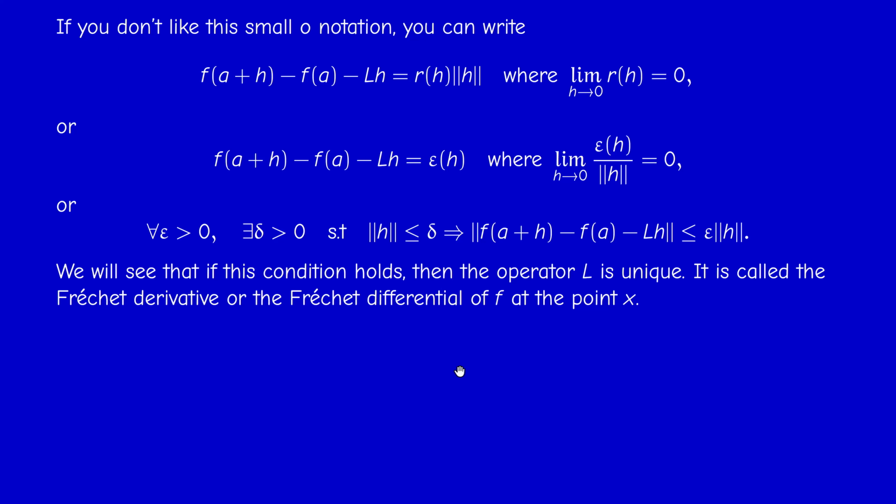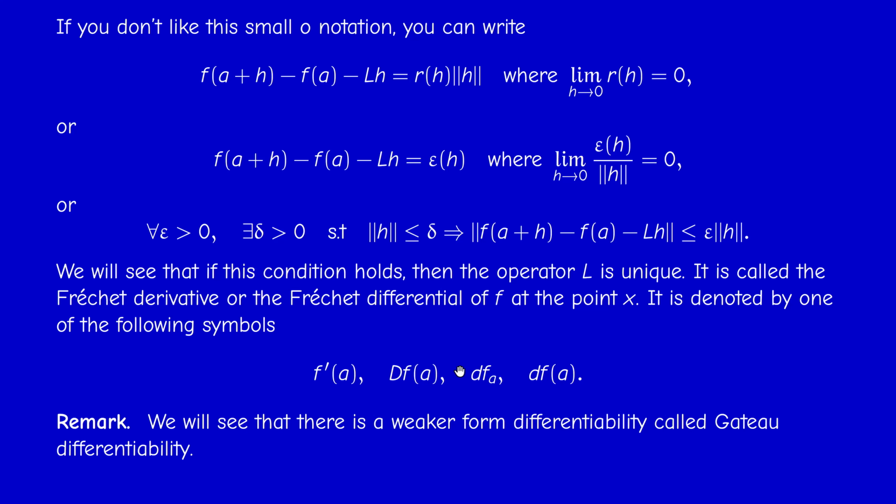It's a linear bounded map. Okay. And this derivative is denoted by one of these symbols: f prime of a, df of a, df sub a, or df at a, small d or big D. Okay, so you can encounter all these notations actually.